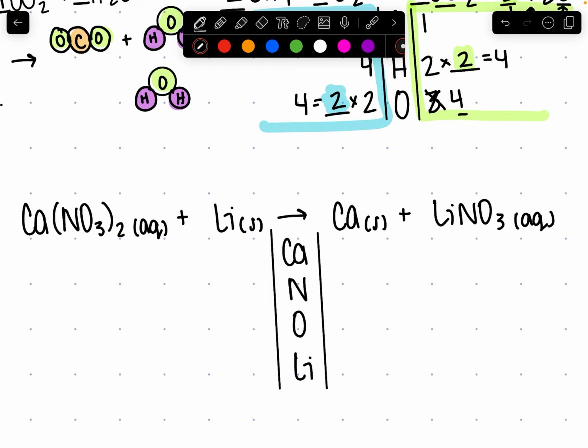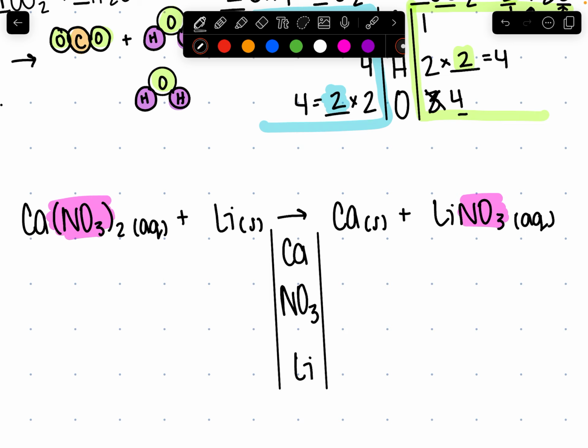If you see a polyatomic ion present in your reaction equation, you can count it as one species. So here we have nitrate, NO3, and it shows up as nitrate, NO3, on both sides of the reaction equation, which means instead of in my table of values writing N and O separately, I can write it as one species, NO3, the polyatomic ion.